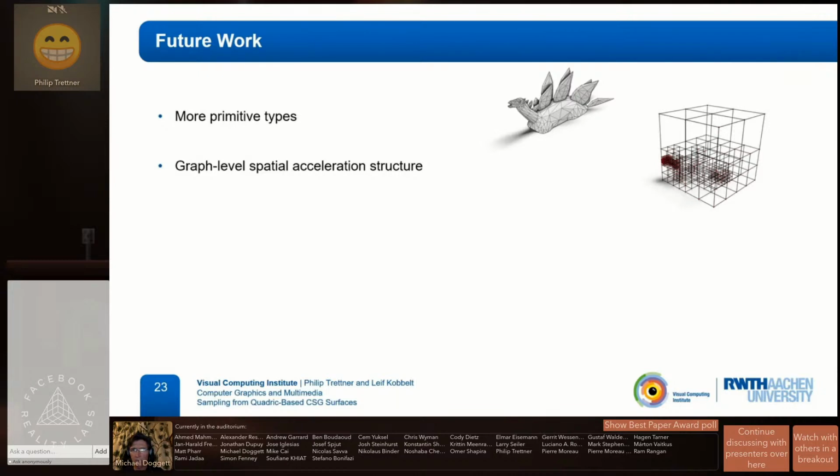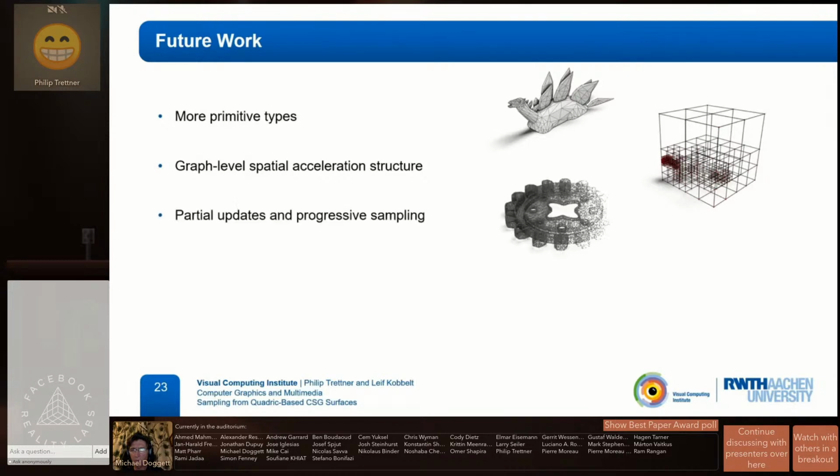Currently, we are optimized for many locally interacting quadrics, but for larger scenes, such acceleration is a must-have. Also, in larger scenes, it might make sense to look into partial updating if only parts of the scene are changed, and progressive sampling, where the number of samples or the sample density might depend on the distance to the camera, maybe with some hysteresis.